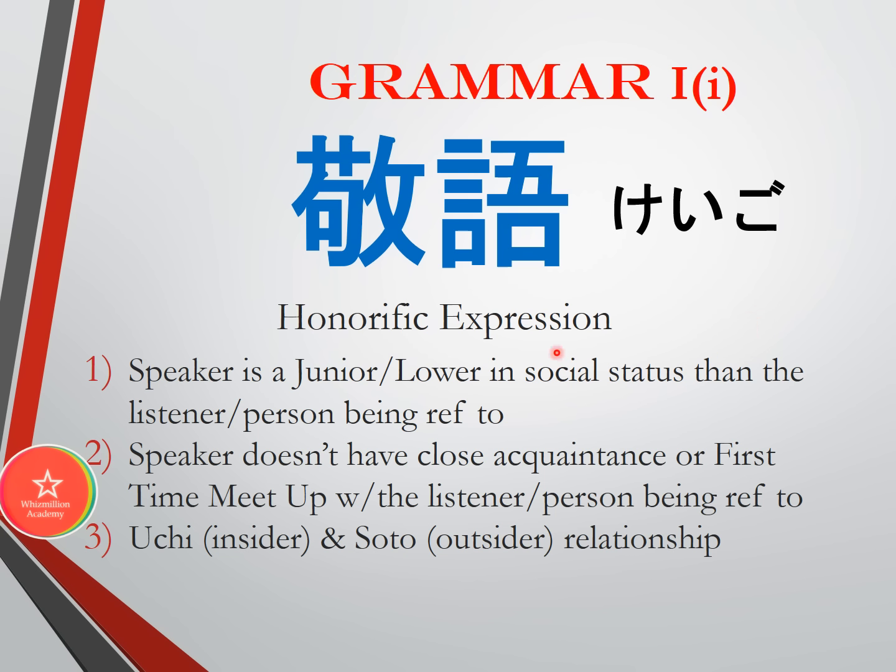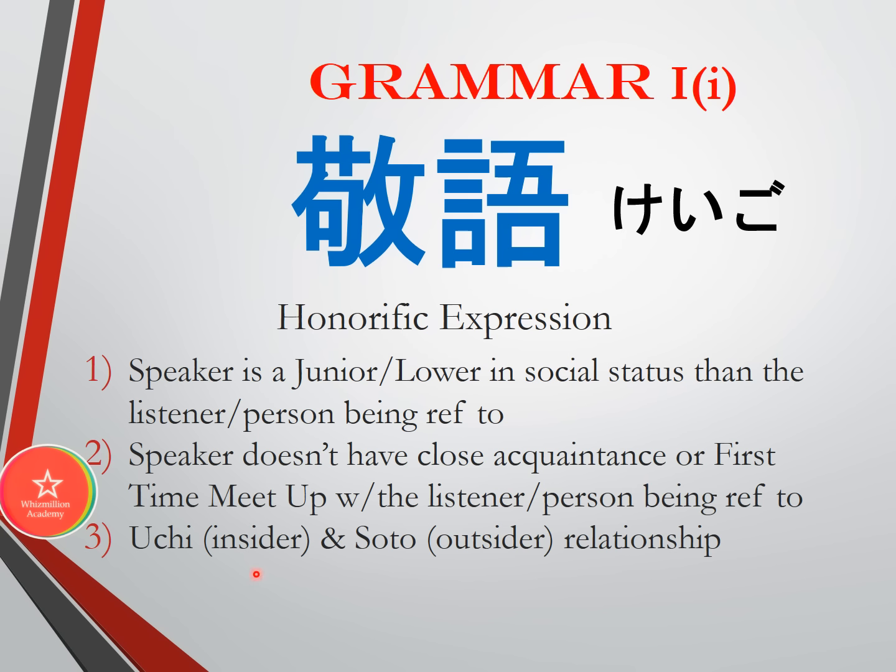There are the following 3 factors that should be considered in deciding whether to use keigo or not. First, the speaker is a junior or lower in social status than the listener or the person being referred to. Second factor, the speaker doesn't have a close acquaintance, or it is a first-time meetup with the listener or person being referred to.